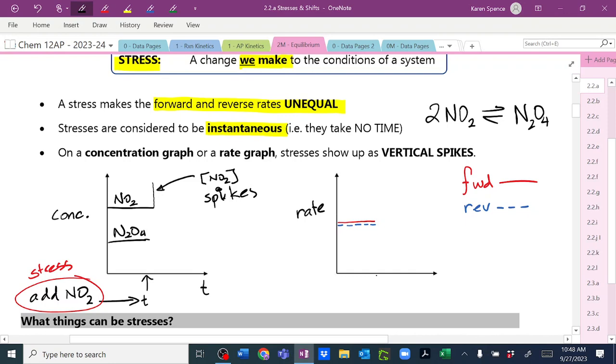If at time t we add some NO2, what would that look like? The forward rate would go up. What would happen to the reverse rate in that moment? Anything? No. Okay, so that's our spike.